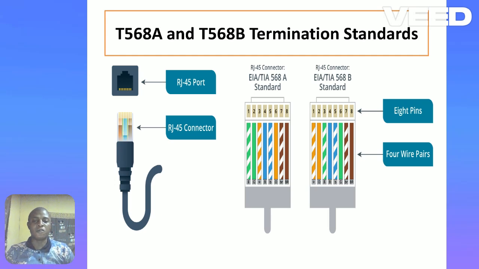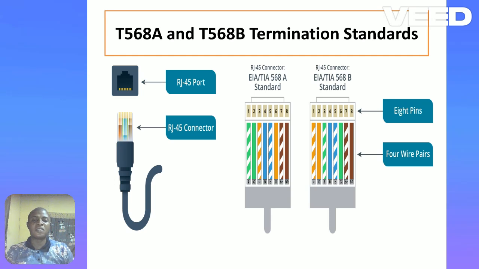We call it cable configuration most times. This is the standard that is met by every network engineer and network administrator for you to configure your cable. And what differentiates both of them is the color code.